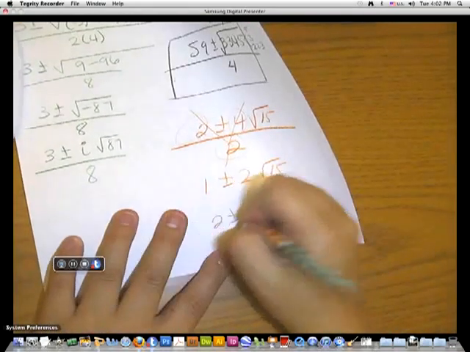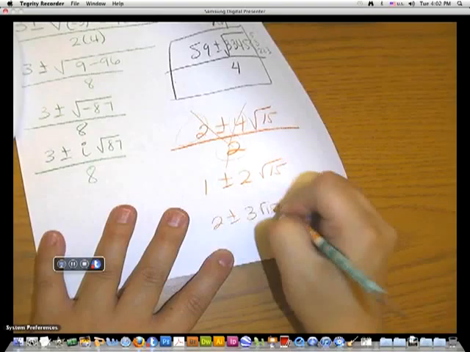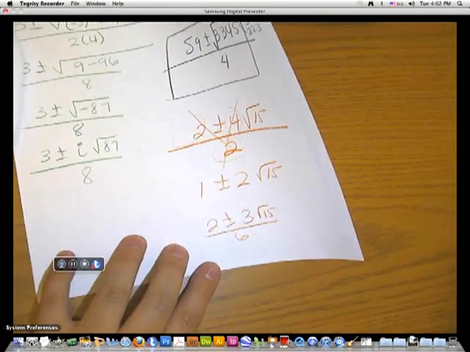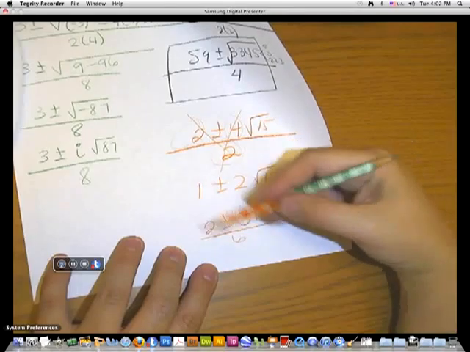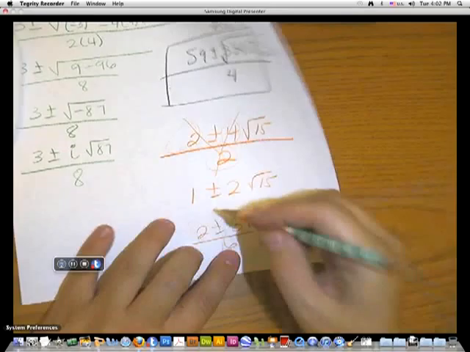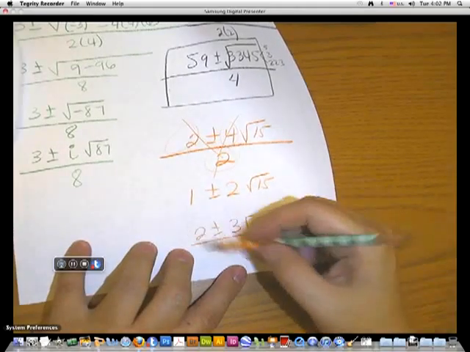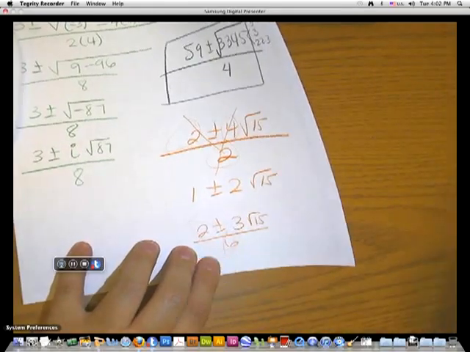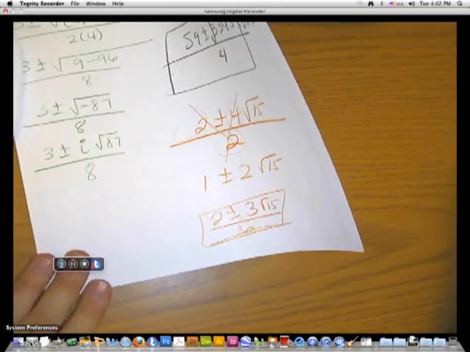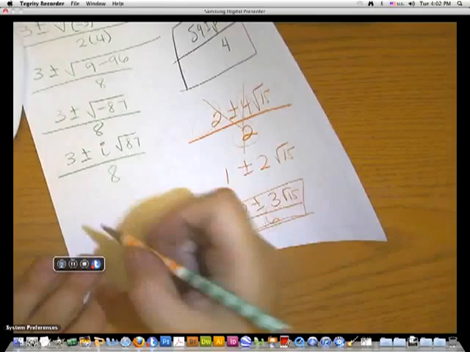If I had, let's say, 2 plus minus 3 root 15 over 6, there's nothing I can do. Because even though this 2, 6 reduces and 3, 6 reduces, they don't all reduce by the exact same thing. So there'd be nothing I can do. I'd have to leave it alone.